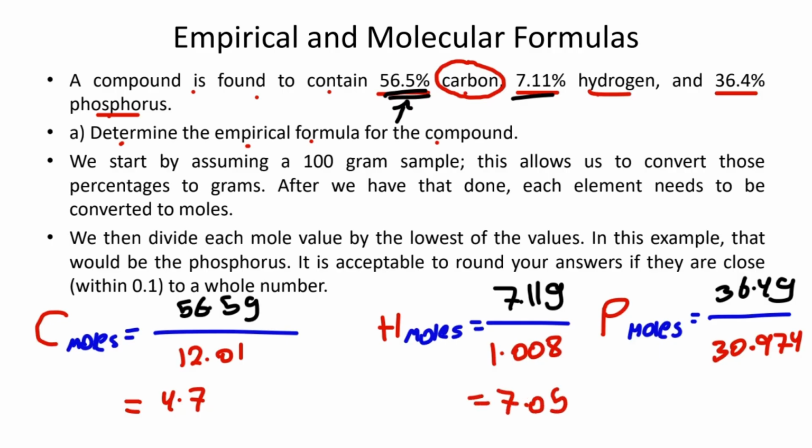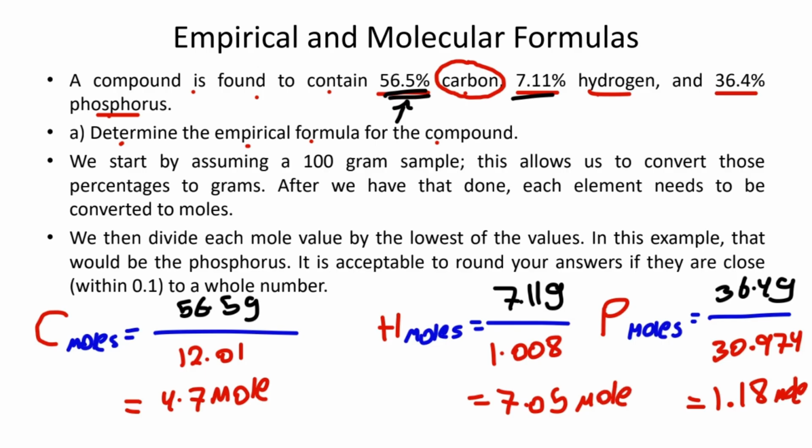And for the phosphorus, 36.4 divided by 30.974 equals 1.18. Okay, so now we have found the moles of each element. Okay, so we are going to write mole, mole, and mole.